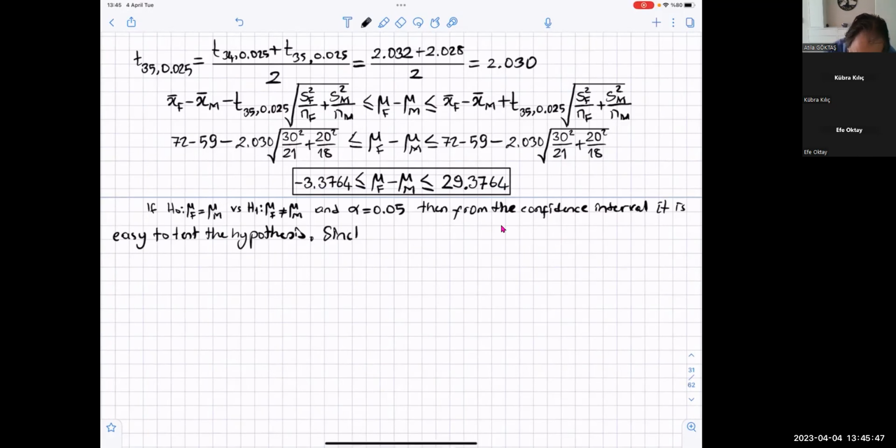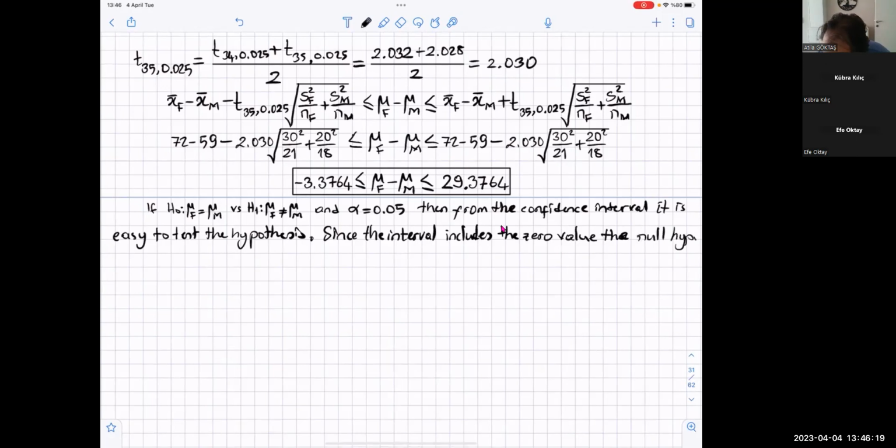Since the interval includes the zero value, the null hypothesis cannot be rejected.